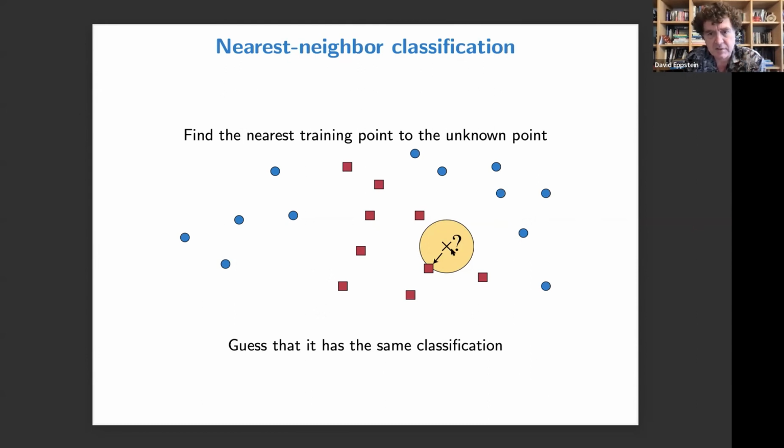So in this case, the new unknown point that I showed in the figure, its nearest known point is one of these red squares. And so you're going to guess that's probably another red square.